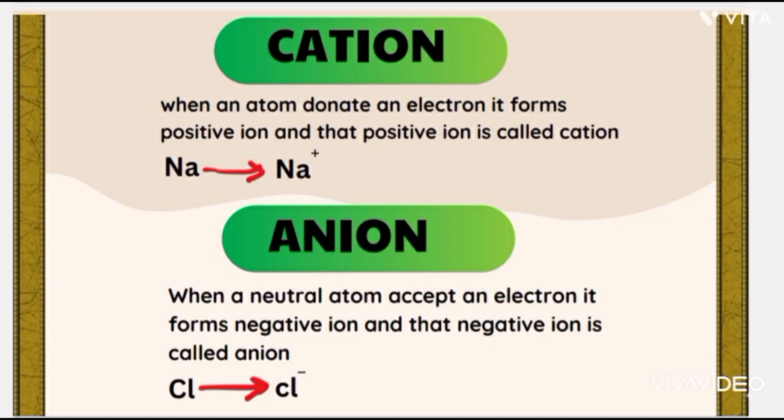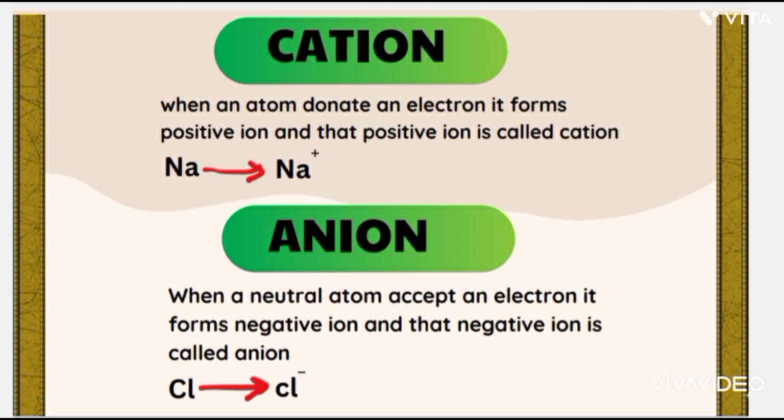Now look at what is a cation. When an atom donates an electron, it gives an electron to some other atom, it becomes a positive ion, and that positive ion is called a cation.